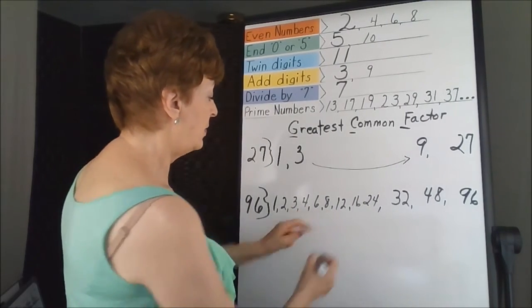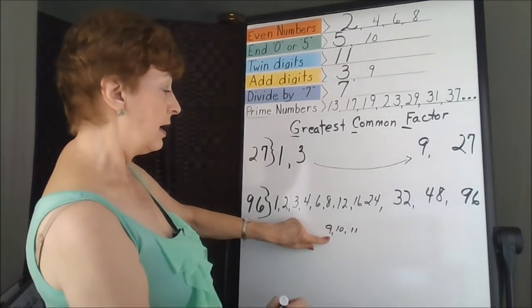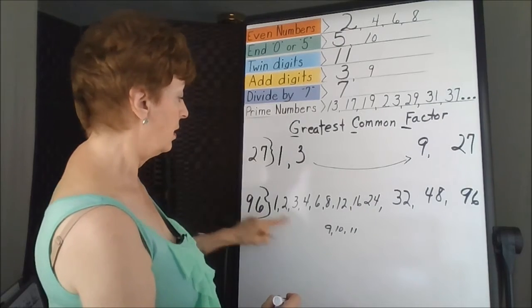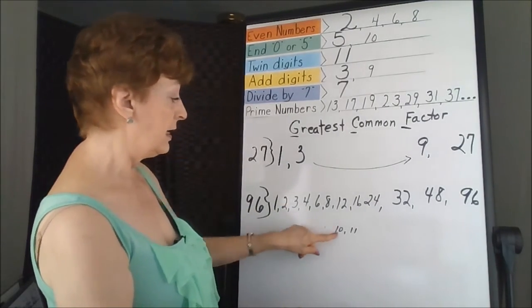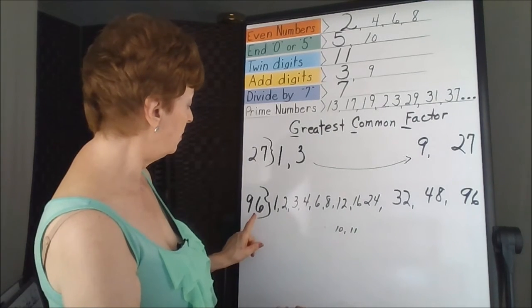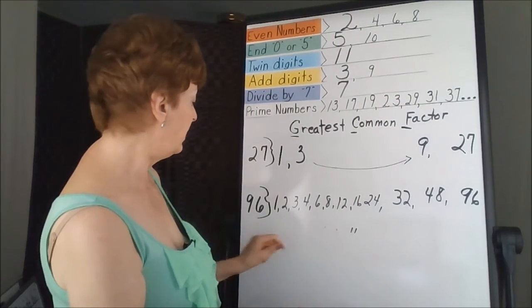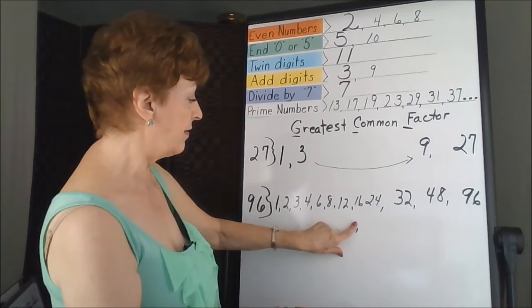9 is next. We have 9, 10, and 11 yet to try. 9, we'll have to add the digits. It was 15. 9 will not divide into 15 evenly. That goes. 10 has to have an even number, or a zero on the end of it, so 10 won't work. And 11 needs a double-digit number, so we would be looking for 99 here. 11 won't work.